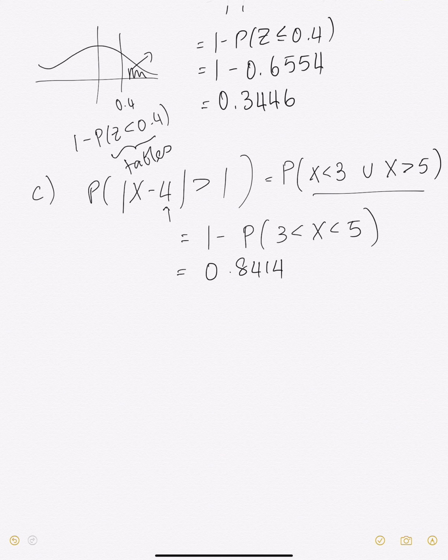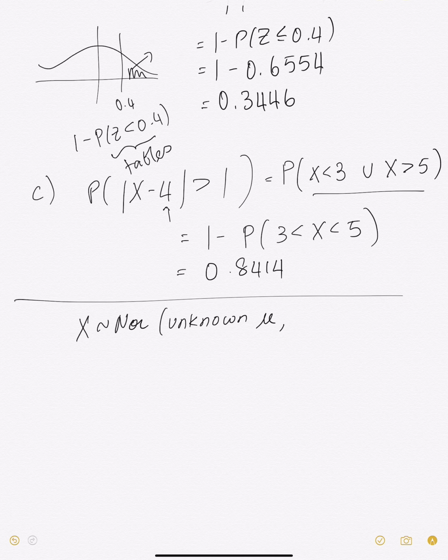What we're gonna look at next is, actually, sorry, before this, what I do wanna mention, I'm not gonna do an example in this, is suppose I tell you that x is some normal random variable, okay, with some unknown mu, all right, and I tell you that the variance is 16.